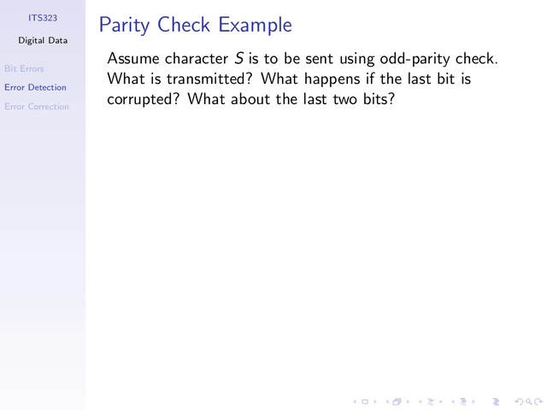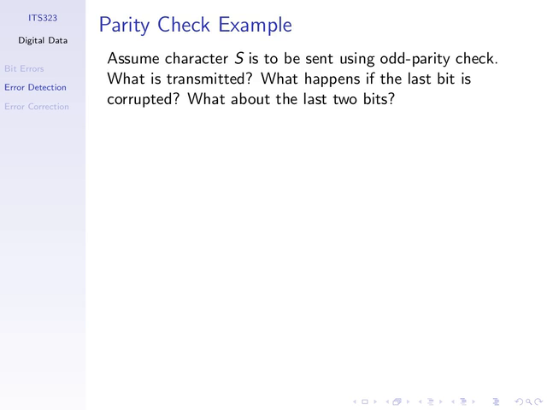Count the number of ones, we have 5 ones, that's odd, no error. That is, we assume that there's no error in the data received. And therefore we remove the parity bit and the received data is simply this sequence of 7 bits.